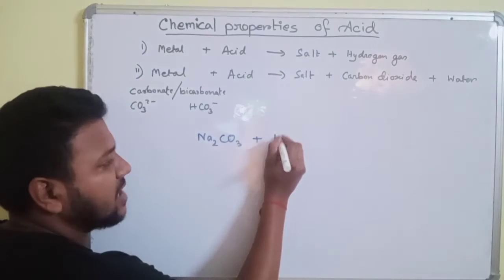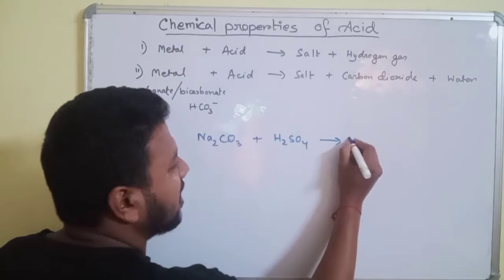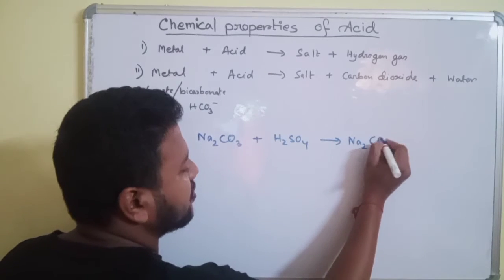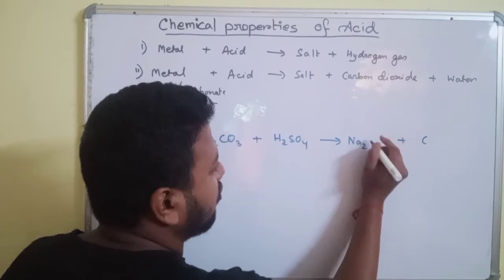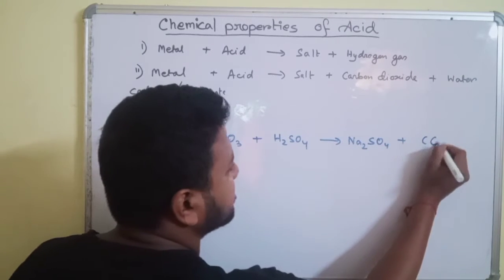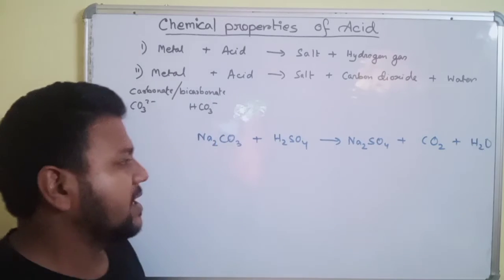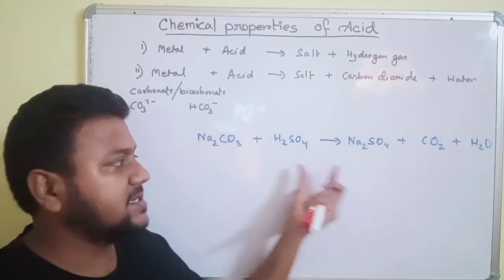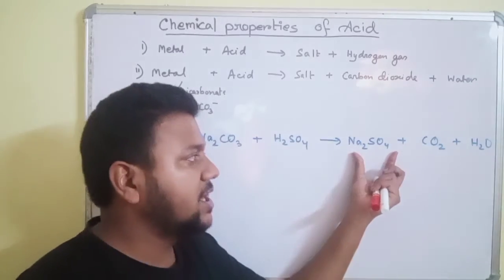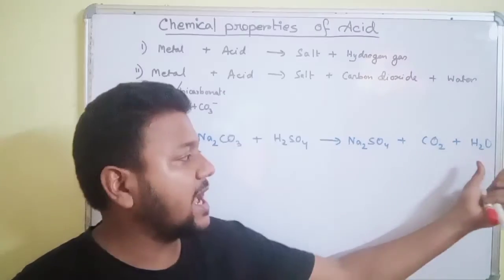When it reacts with H2SO4, it leads to the formation of Na2SO4 plus CO2 plus H2O. Now in this reaction, when sodium carbonate reacts with sulfuric acid, it leads to the formation of salt, Na2SO4, and CO2 gas and water.